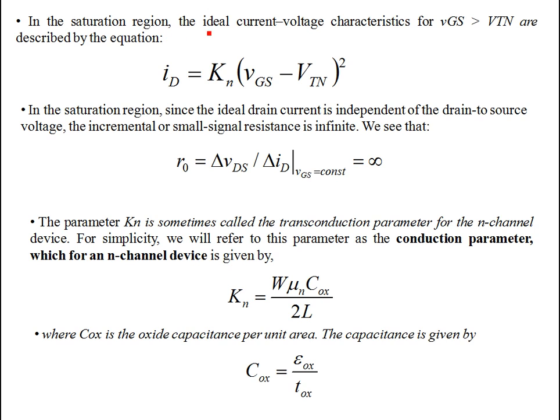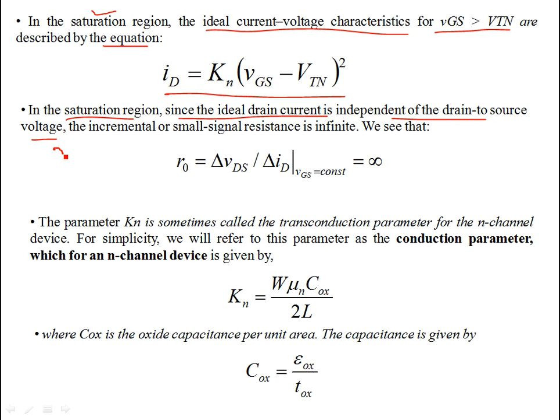In the saturation region, the ideal current voltage characteristics for VGS greater than VTN are described by the following equation, where Kn once again is your transconductance parameter having a dimension of Siemens. In the saturation region, since the ideal drain current is independent of the drain to source voltage VDS, increasing VDS does not affect ID at all.